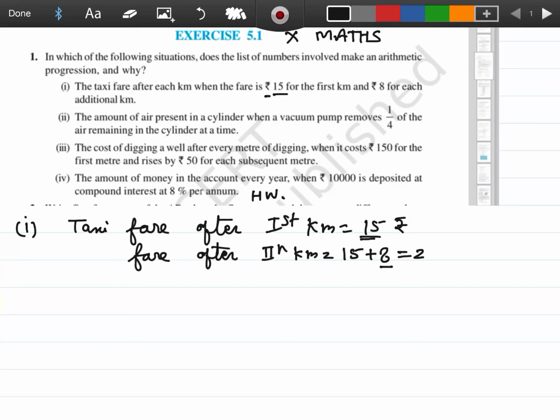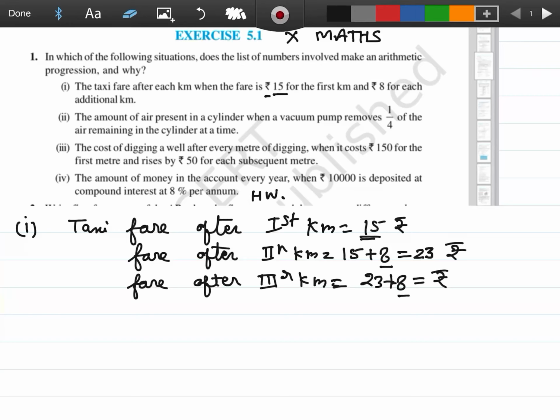So the charge after completion of the second kilometer will be 23 rupees. Similarly, the fare after the third kilometer will be 23 plus 8. For 2 kilometers it is 23, and for the next kilometer again 8 rupees will be added. So the charge will be 31 rupees.